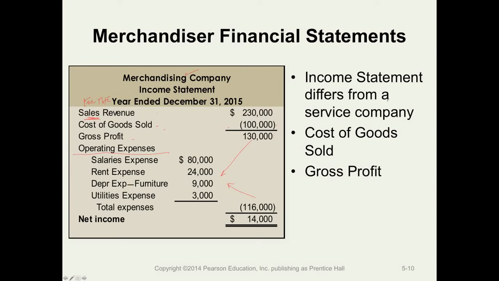So the income statement for the merchandiser differs from the service company because of cost of goods sold and, of course, the gross profit. These are two key metrics that we tend to look at. A company is going to survive if it could produce a very positive gross profit.